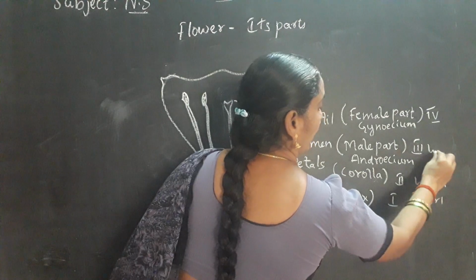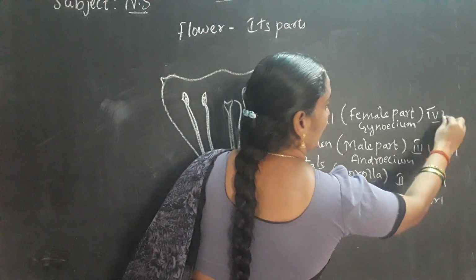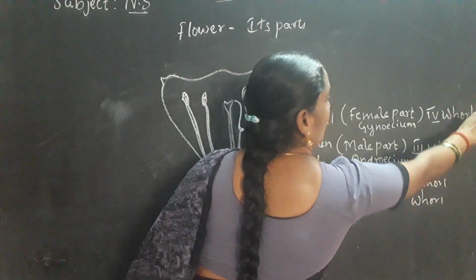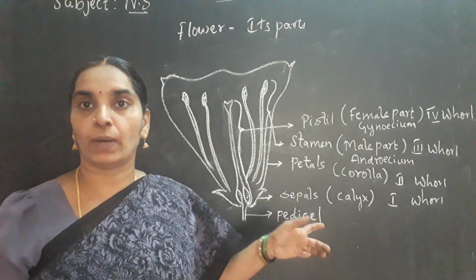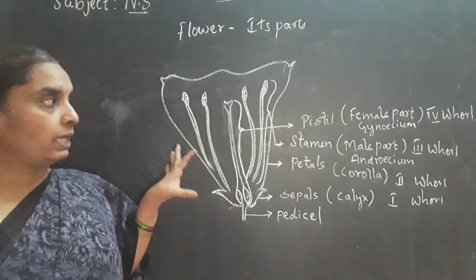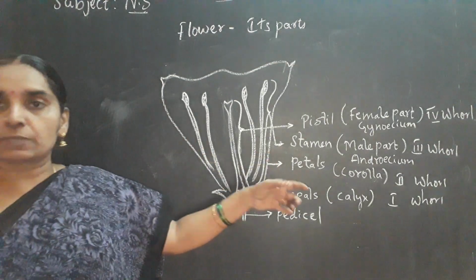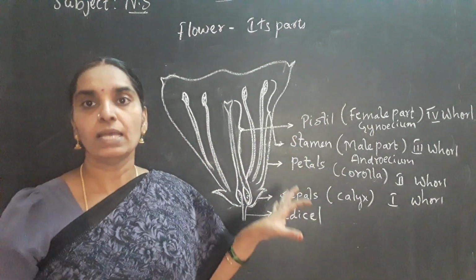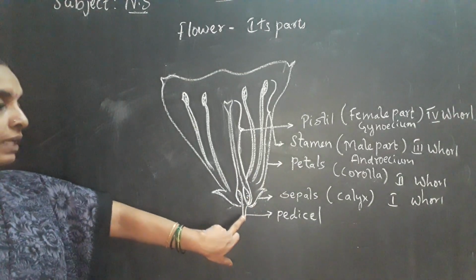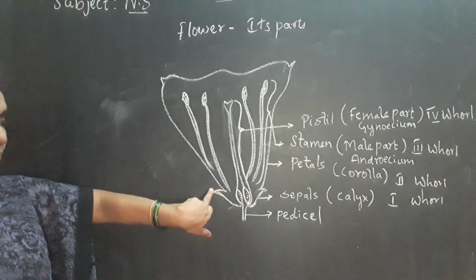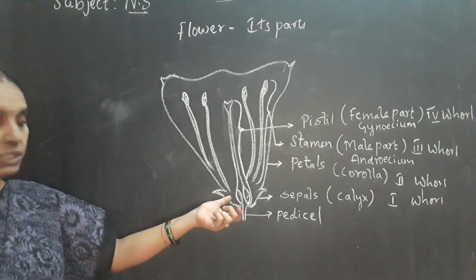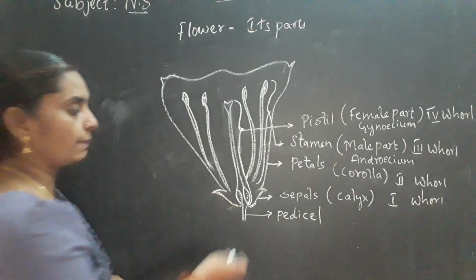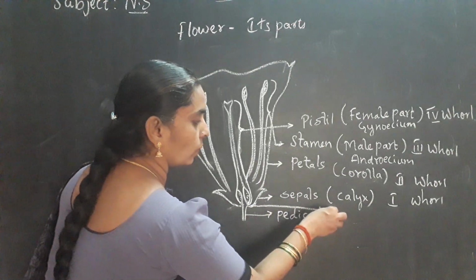Next, you may have a doubt about what the male parts and female parts are, and what the importance of male and female parts in a flower is. So now I will explain each and every part of the flower. This is the calyx, which consists of green, leaf-like structures above the thalamus, the bulged part over the calyx.